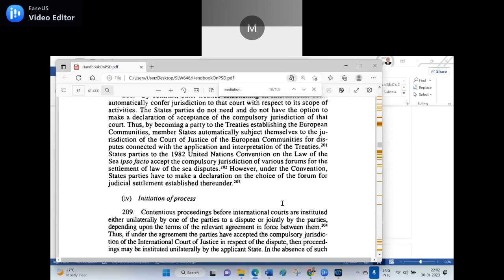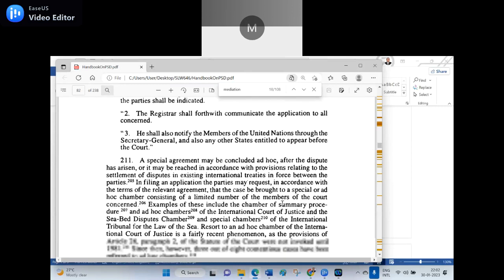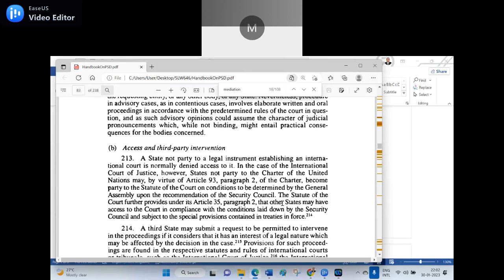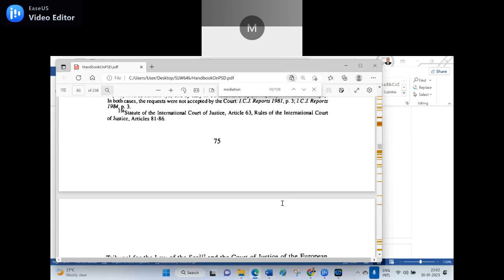And this book I already sent to you by email. Please check it, the book, which is very useful because most of the things I covered are from this book only, and it deals with all the settlement of disputes by any other means, either regional agencies or the UN Charter or judicial decision or non-litigation methods or the diplomatic methods.